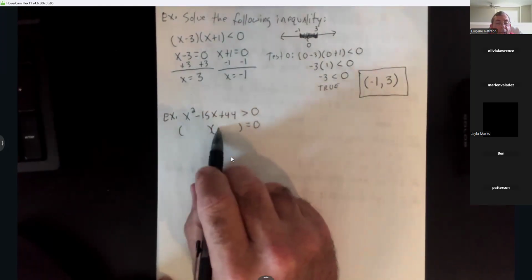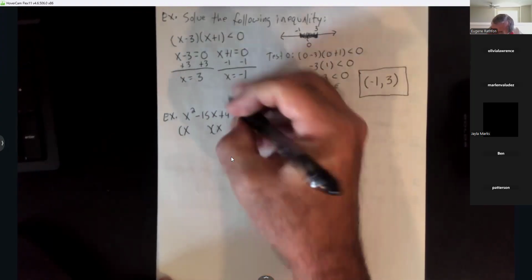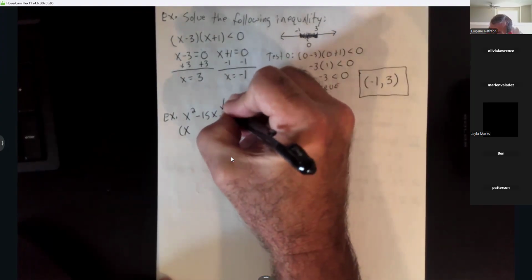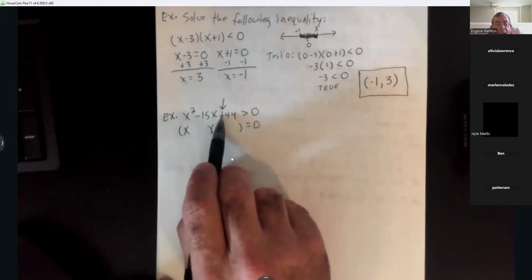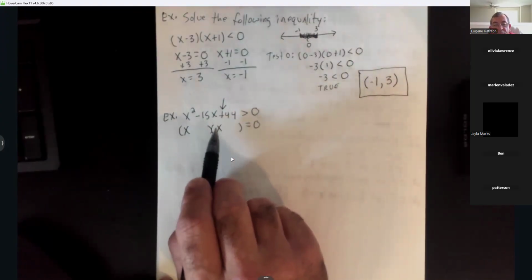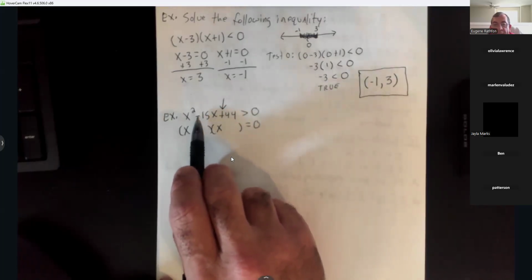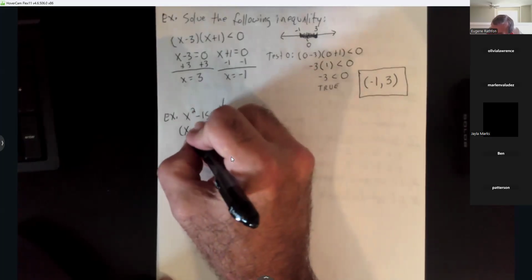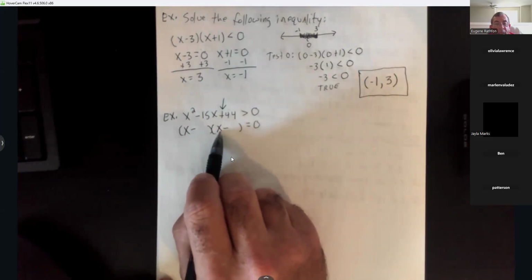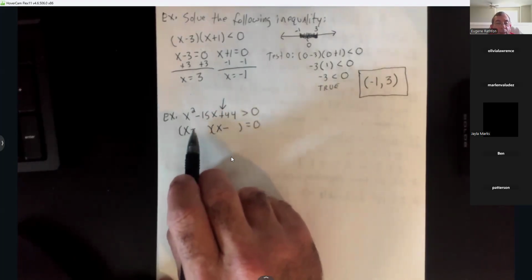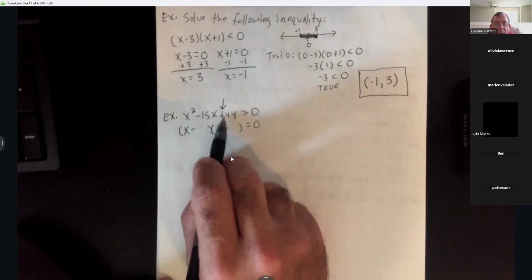So x squared is an x and an x. Now y'all look here. This last number is positive. Anytime the last number is positive, both of these factors will have the same sign as the middle. So a negative and a negative. Because a negative plus a negative equals a negative, and a negative times a negative equals a positive.